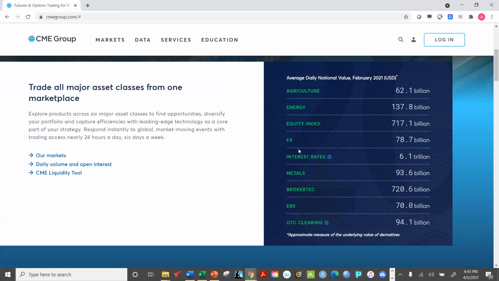And you can see, just as an example, the volume of foreign exchange derivatives is, and this is per day, $78.7 billion every day. The equity index, meaning, let's say the S&P 500, $717.1 billion per day. Energy, $137.8 billion per day. So you kind of get the idea that this is a very active market.